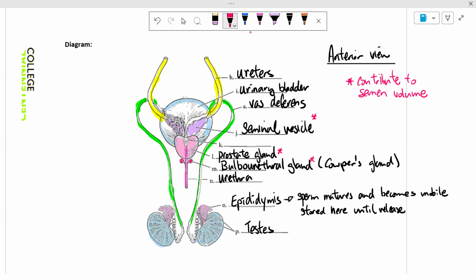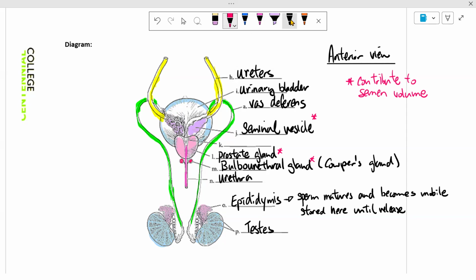Alkaline is the opposite of acid, right? Because the vagina is acidic, it will kill the sperm. So you need some base in the semen to neutralize the acidity, to keep the sperm alive. All those things are added to the semen by these glands.